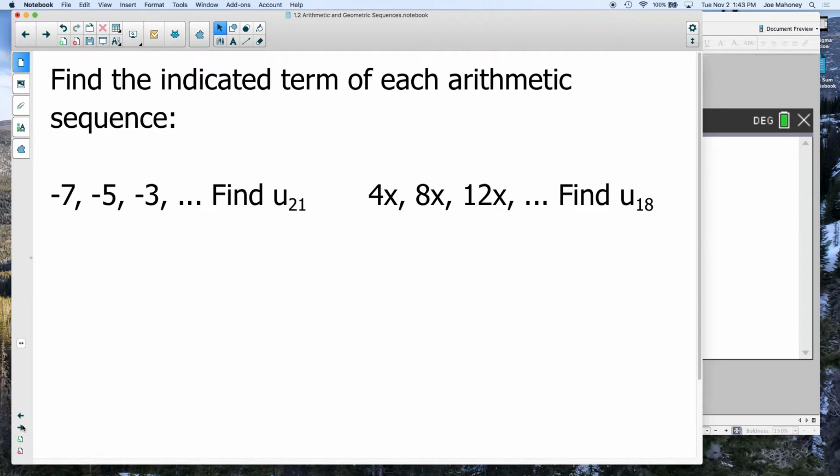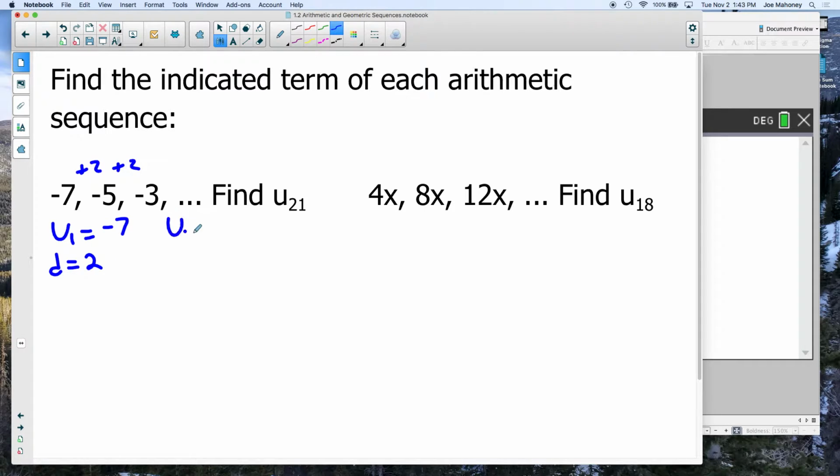So for example, in this sequence to the left, I want to find the value of the 21st term. Sure, I can keep counting it out again and again, but let's recognize a couple things. First of all, our first term is negative 7. The common difference, it looks like we're going up by 2 each time, so our d is 2.